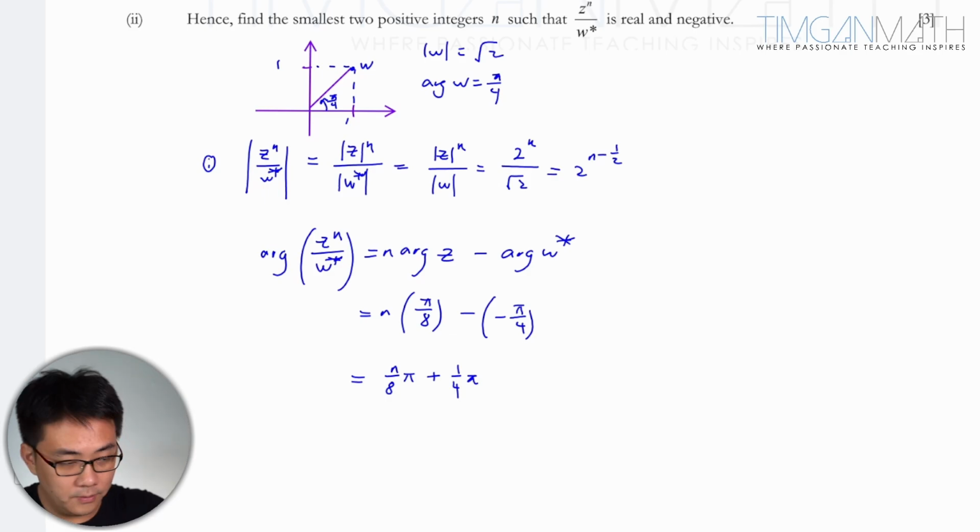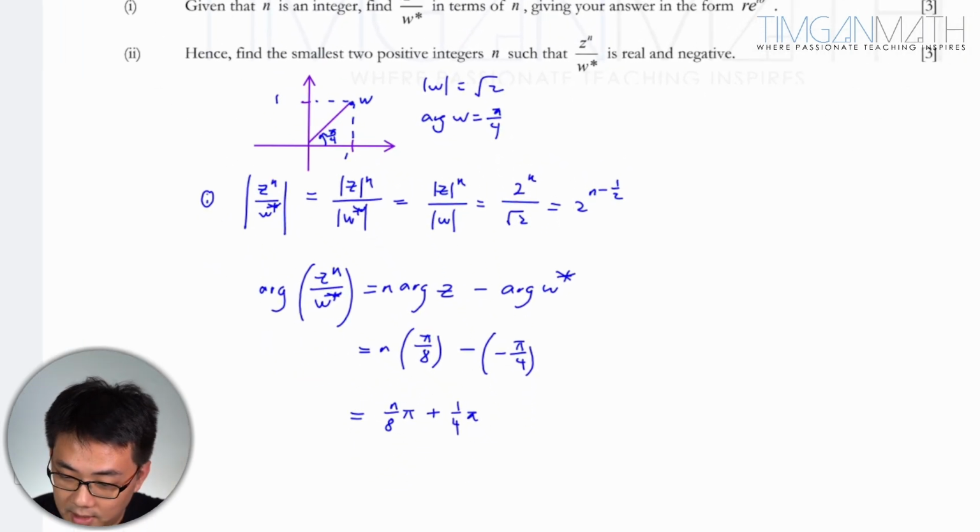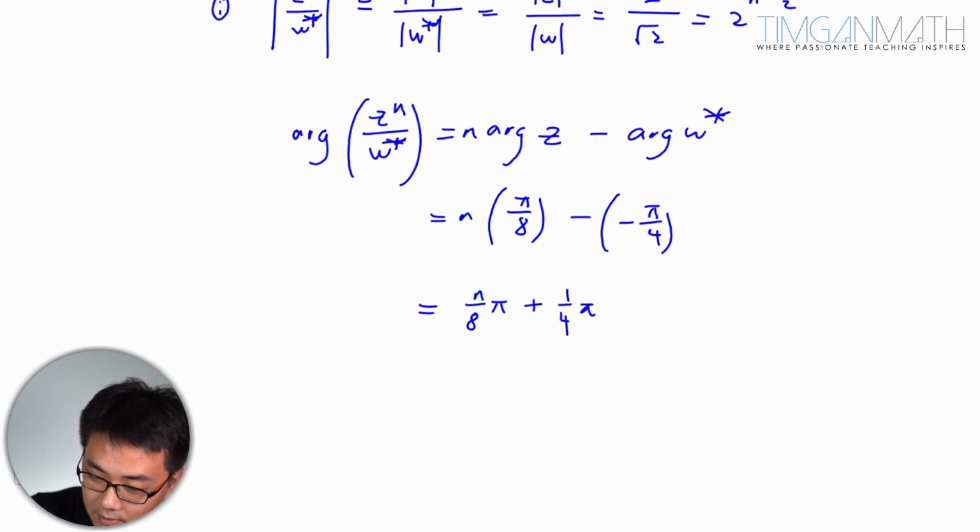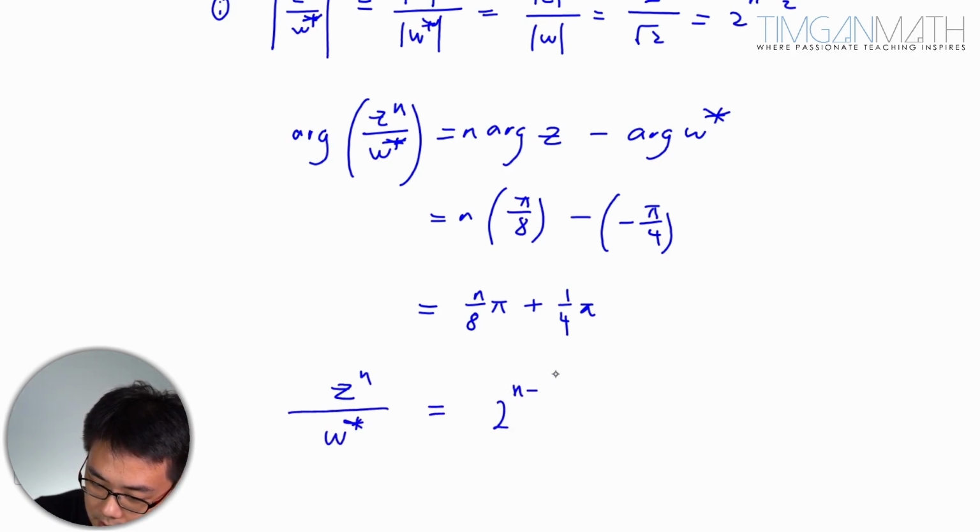Okay, there you go. To make it nicer, we can just factorize the pi out. So Zn over W conjugate is 2^(n minus half) e^(i(n/8 + 1/4)pi). Yay, great job.